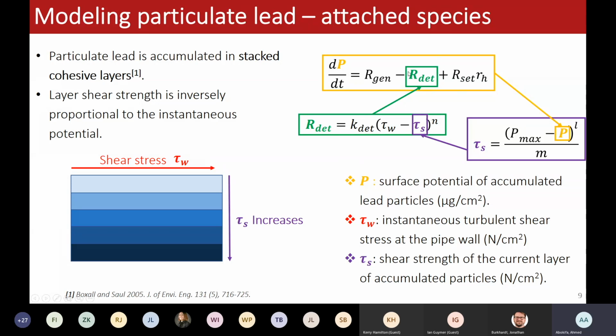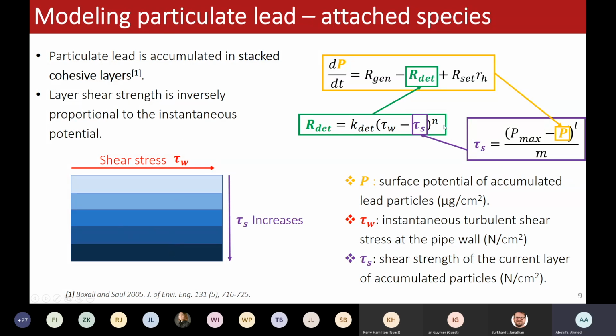The detachment rate is a function of the shear stress, or more precisely, the shear stress residual, which is the difference between the applied shear stress at the pipe wall, which is induced by the flow events, and the shear strength of the stacked cohesive layer, or the current layer. The idea is that we're assuming the particles are stacked in several layers, and as you go deeper in the layers, the shear strength increases, which means you require higher shear stress to mobilize that particular layer.